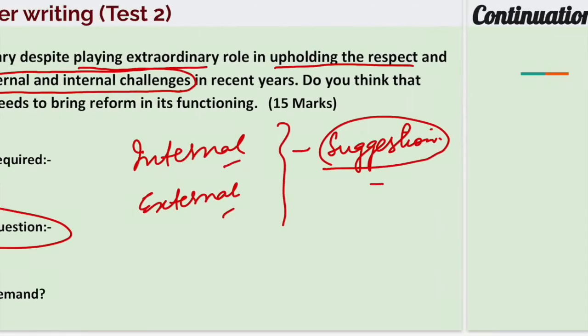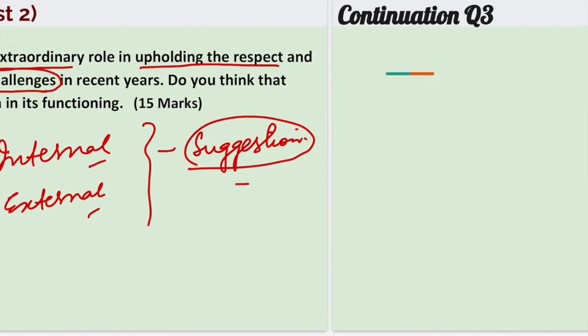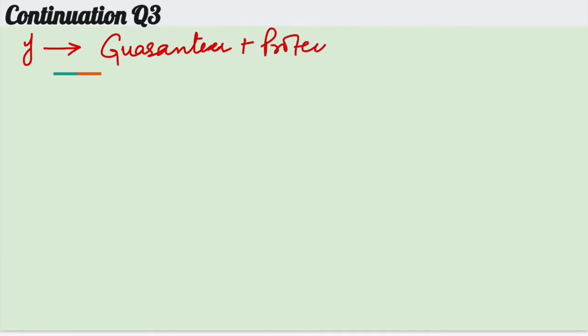So now we will first introduce this question without looking into the question, because I don't know what this question is all about, but I can give a ready-made introduction to such a question. How? We can say that judiciary, judges basically, what is the role of the judiciary? They are the guarantor and protector of the fundamental rights.